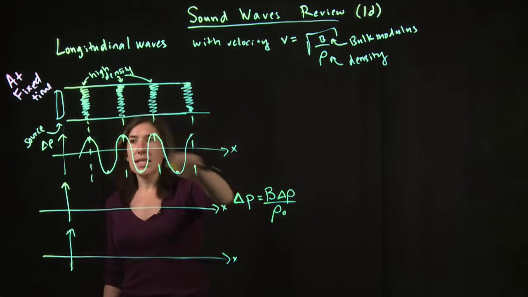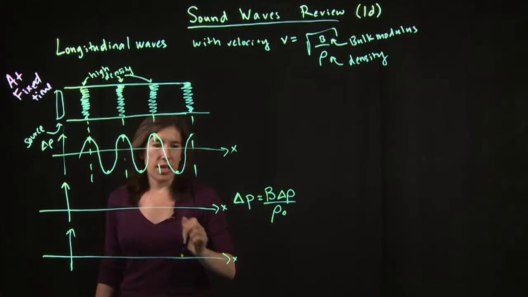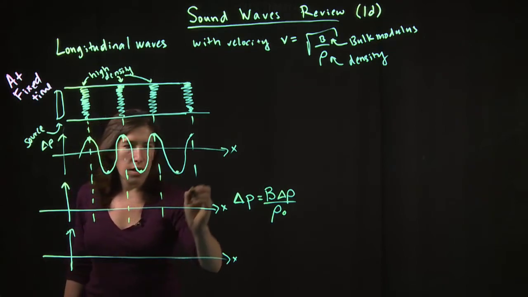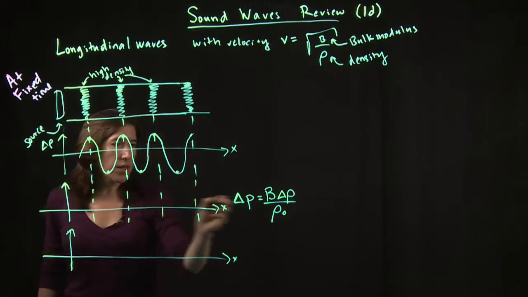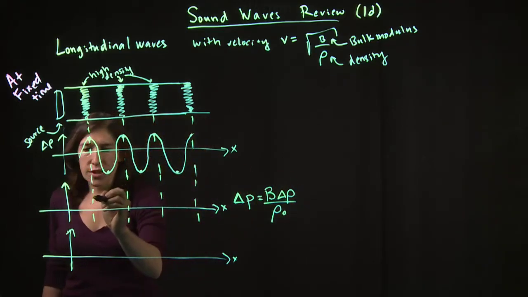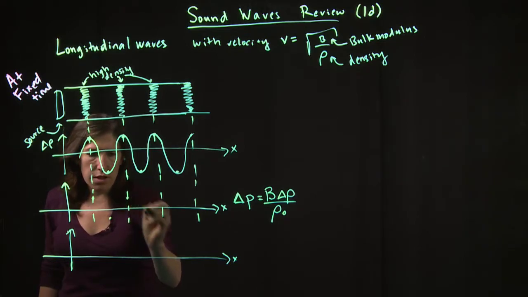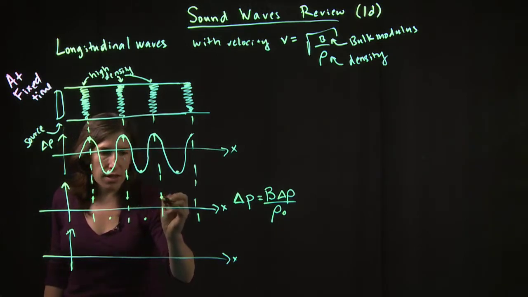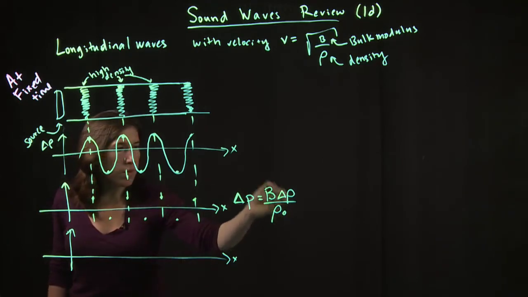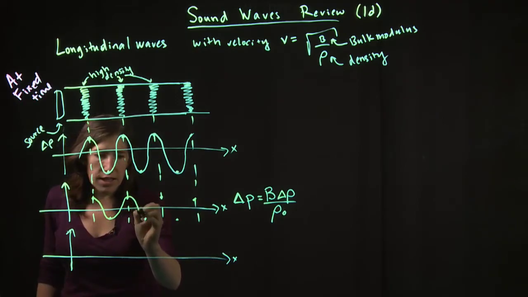And so what I see is that if the change in the density is sinusoidal, then the change in pressure is also going to be sinusoidal. Everything is going to match, but because we have this constant factor, the amplitude might be a little different. Let's say maybe it's smaller. It could be smaller or bigger, depending on the particular constants, what B and rho naught are. So this might look like this.